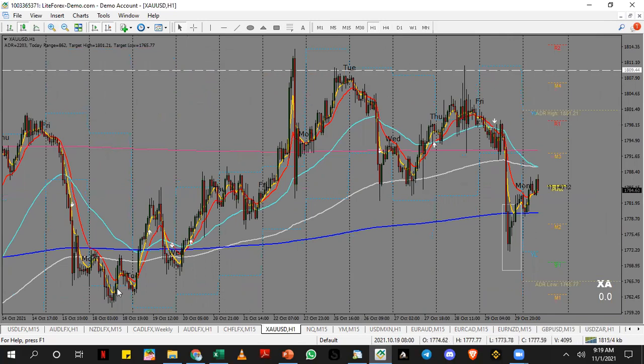If you look at this, we had our reset here and price moved 3 levels up. And I expected for this to be another reset and price to move up 3 levels because of the bullish nature of gold there.